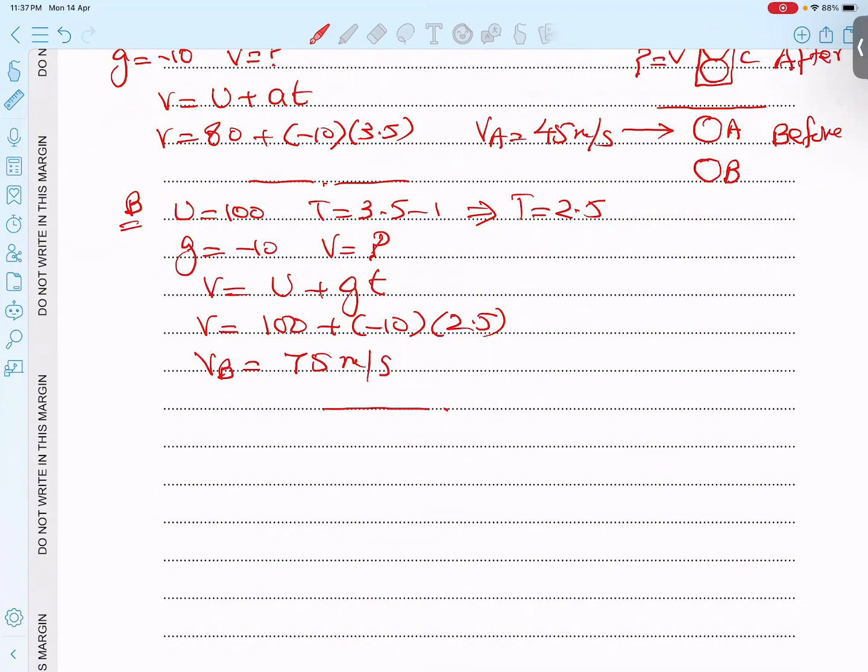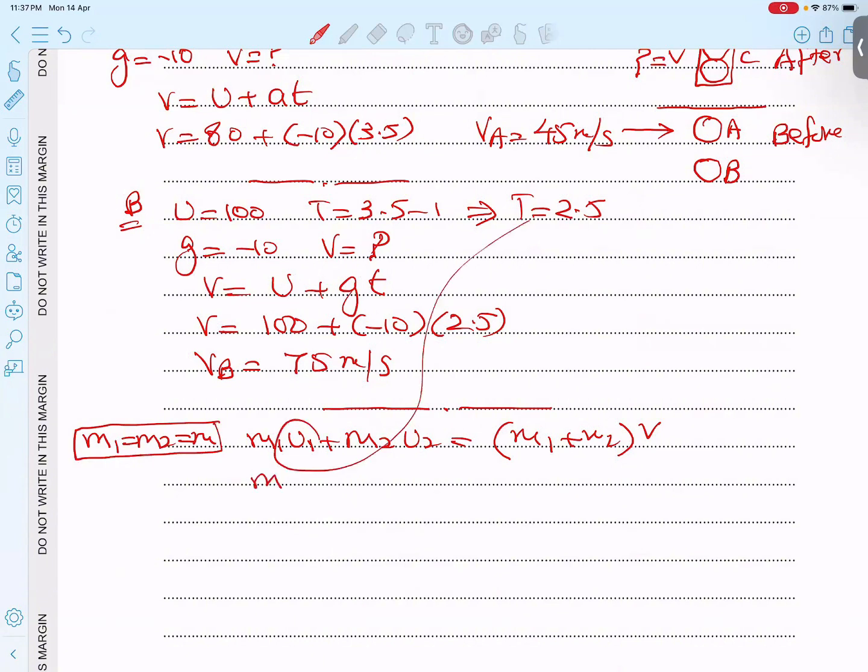So now I'm applying the law of conservation of momentum. M1 U1 plus M2 U2 is equal to M1 plus M2 times V. Because both masses are the same, I will take M1 equal to M2 equal to M. So M times U1, the velocity of A is 45, and this is again M, and this is 75. And this equals M plus M, which becomes 2M times V. So 2MV equals 120M.